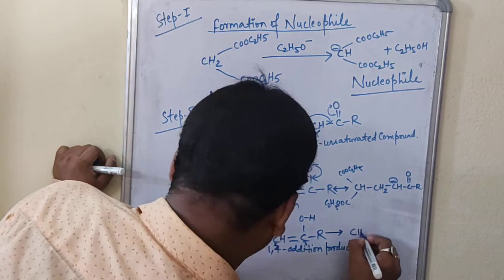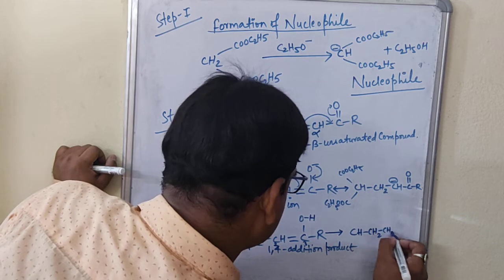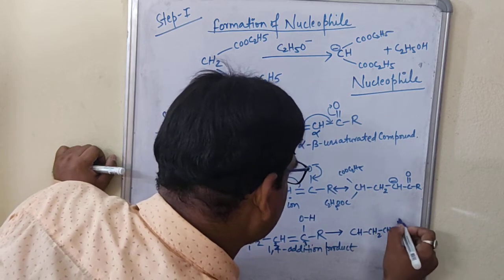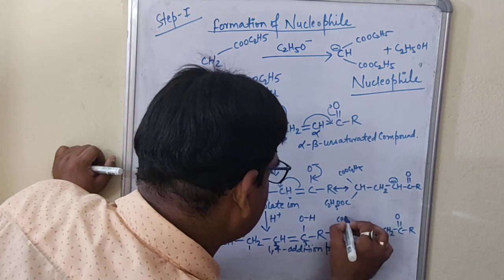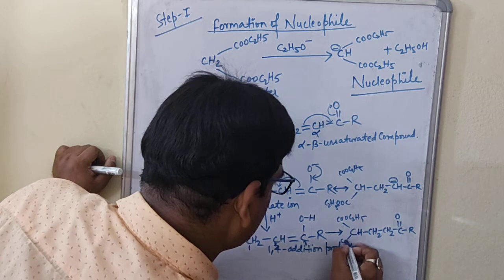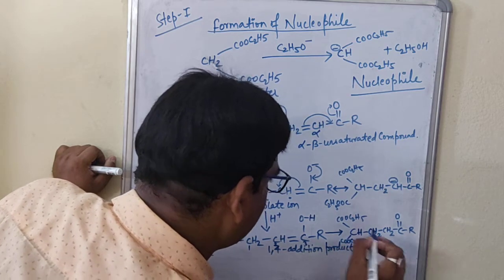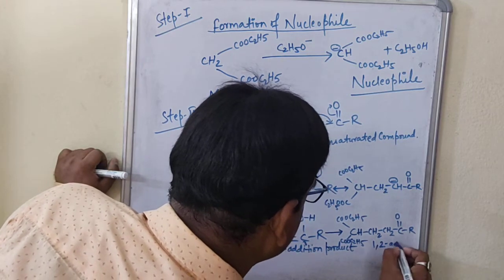When this happens, you will get CH, CH2, CH2, C double bond O, R, and here we have COOC2H5 and COOC2H5. So this is the 1,2 addition product.